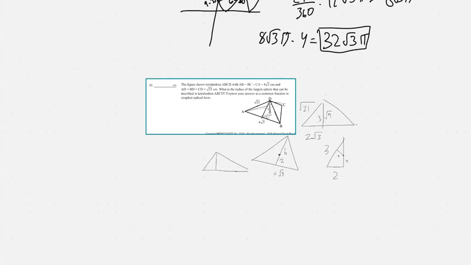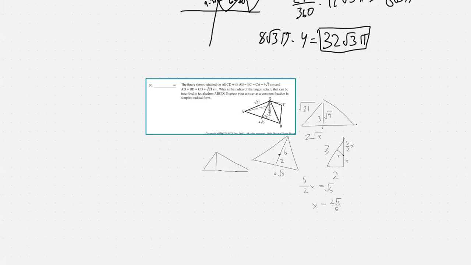You get 3 over 2x, and then 5 over 2x is equal to root 5. x is equal to 2 root 5 over 5. Yeah, that's a good solution with similar triangles.